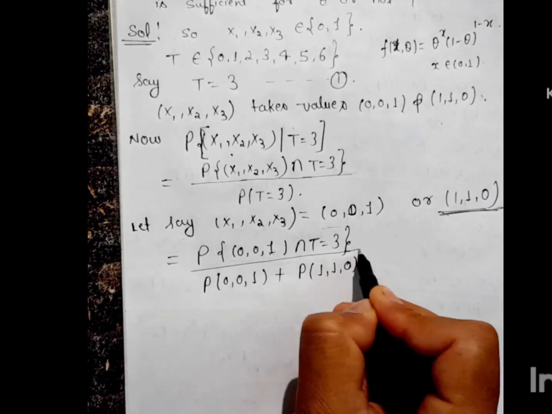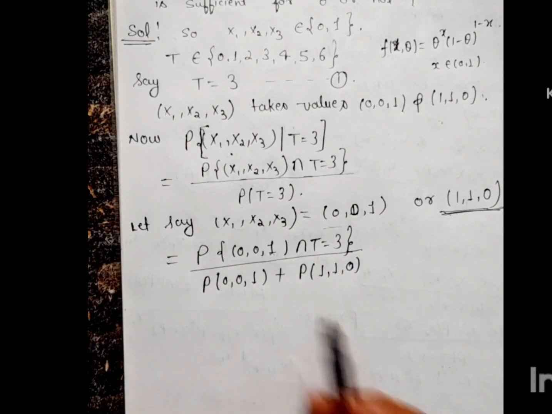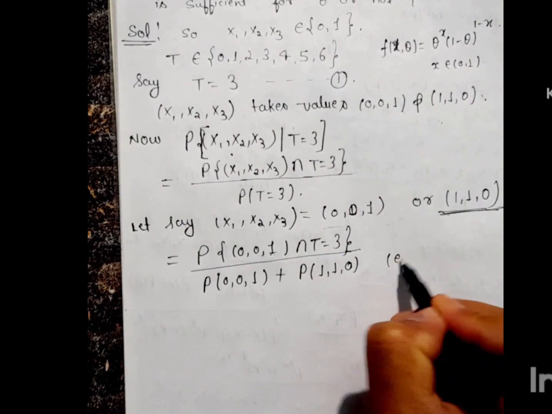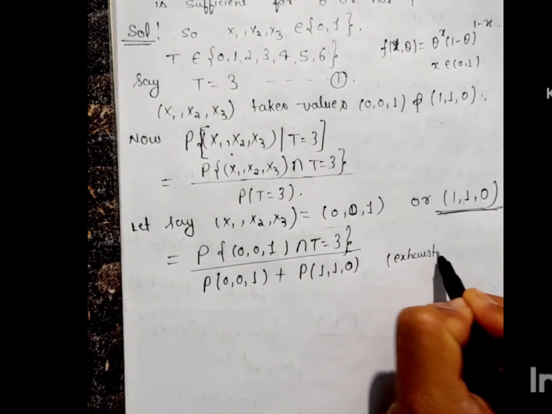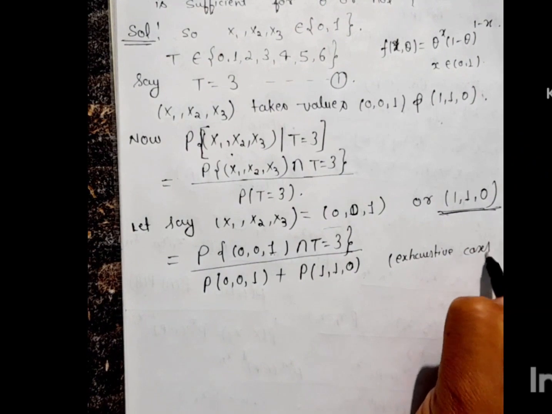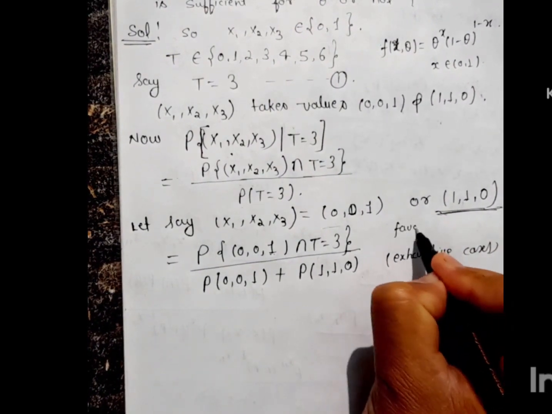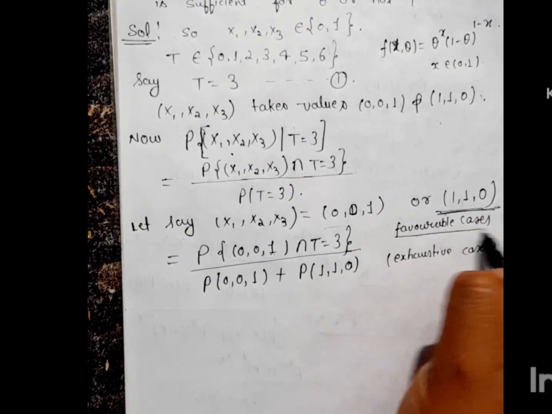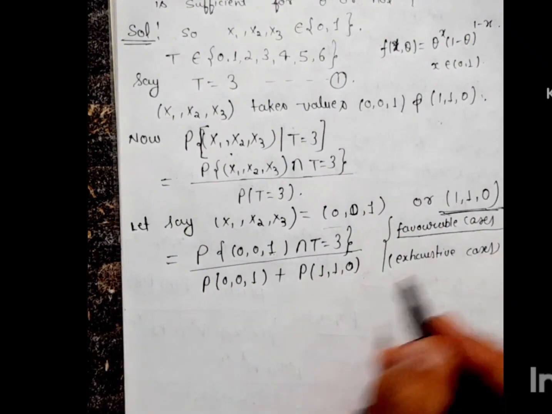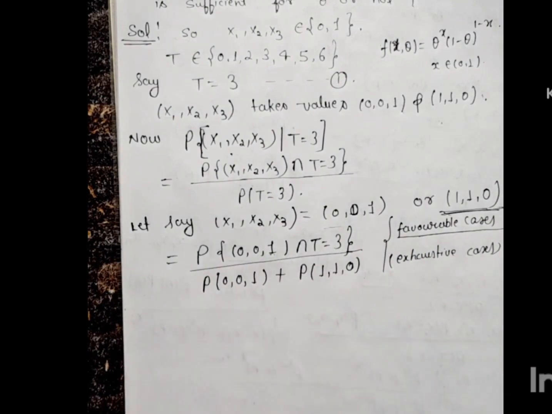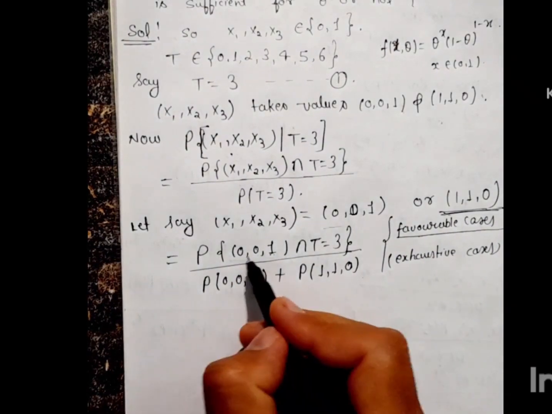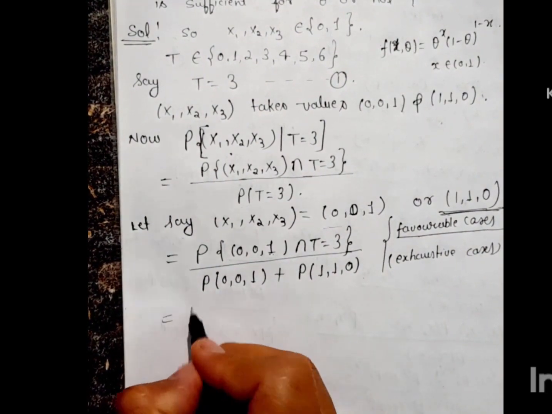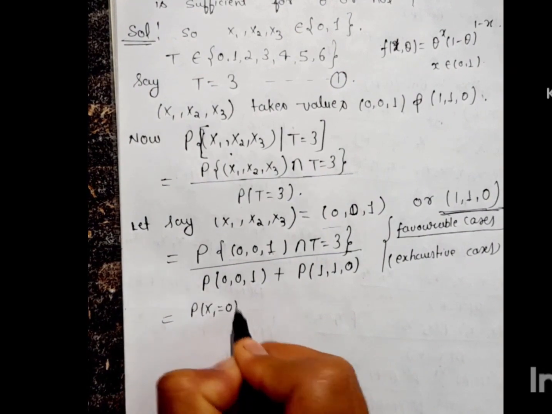There are only two cases, so that is the exhaustive number of cases, and these are the favorable number of cases. This is the definition of probability. So the favorable case is X1 equal 0, X2 equal 0 and X3 equal 1.